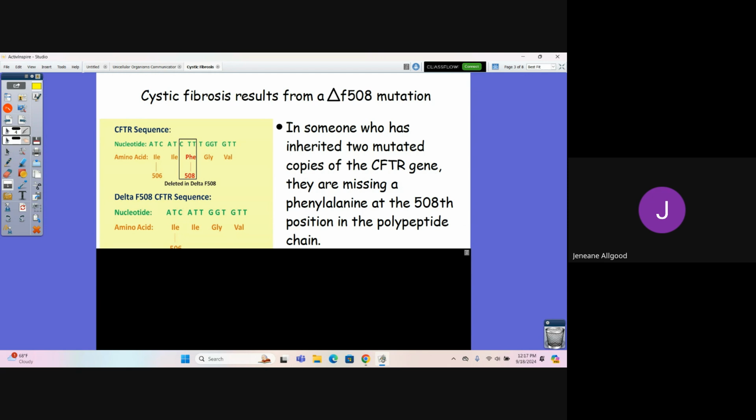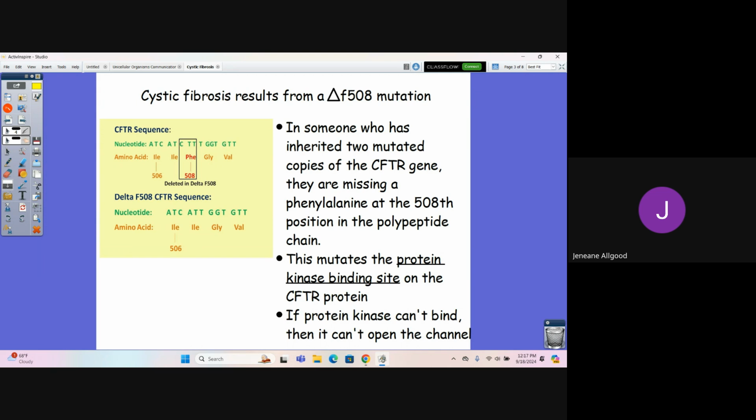Now, we already know from the first unit, you start messing and changing one amino acid from another, or in this case, deleting an amino acid from your chain, we know that in order for that protein to fold into the proper shape, it's got to have those amino acids and their R groups, or else certain bonds can't form. So when phenylalanine is missing, that is going to change the shape of that CFTR protein a little bit.